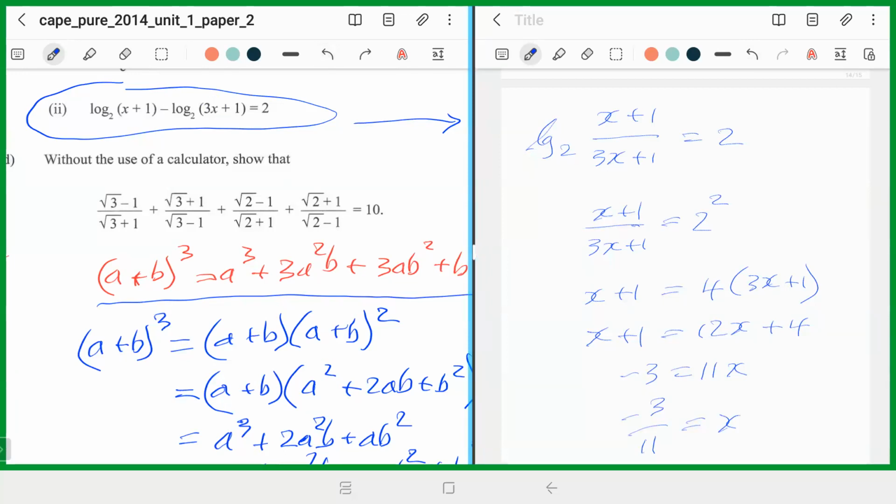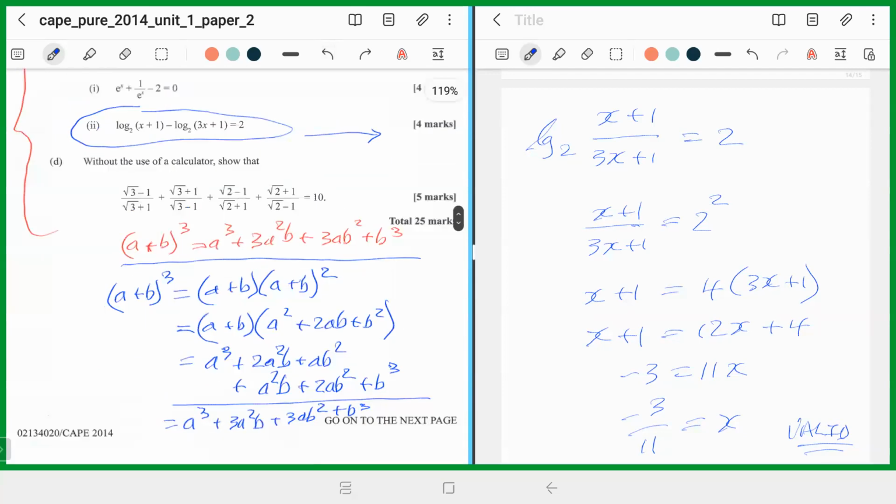So this is a valid answer. Put the minus 3 over 11 there, so it's going to work out positive still, because the 3 times minus 3 over 11 is just minus 9 over 11, which with the 1 here is equal to 2 over 11. So that is positive. All right. And then we come to this question here.